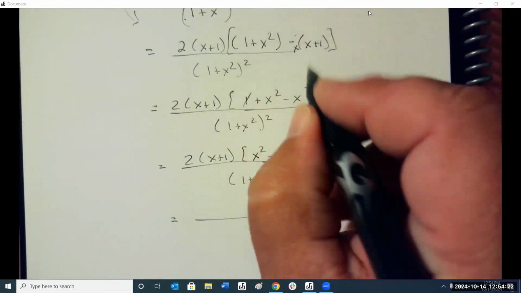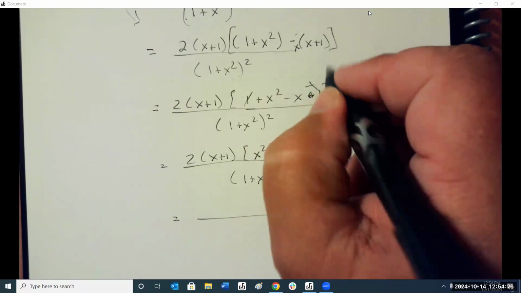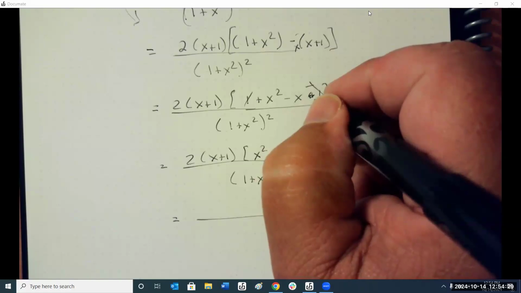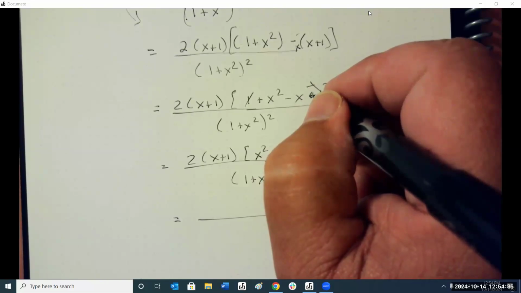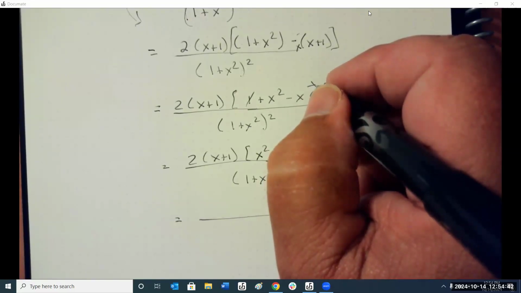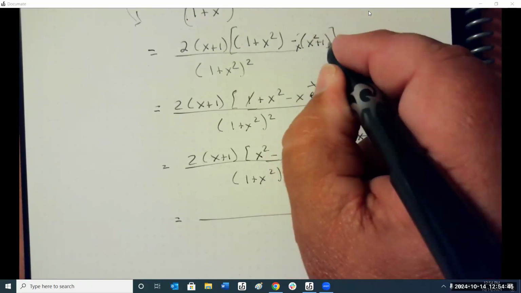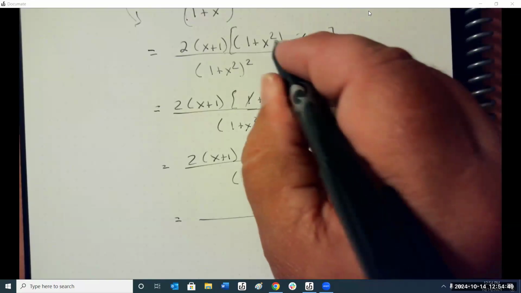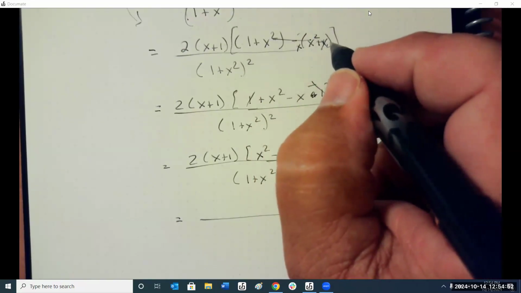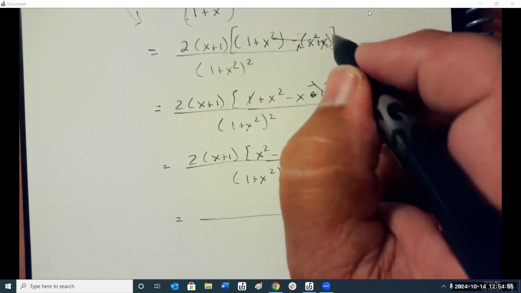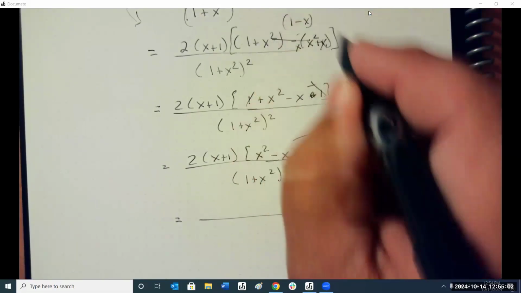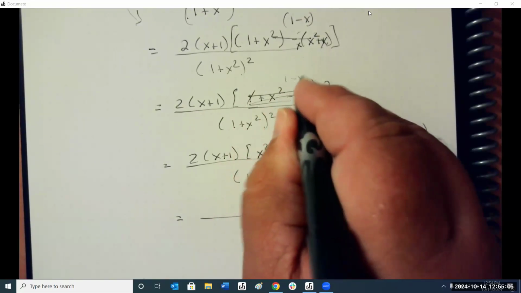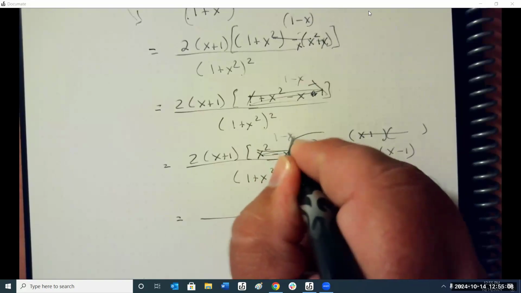It's x squared minus x. The x squared cancels, so it's a 1 minus x left in there.